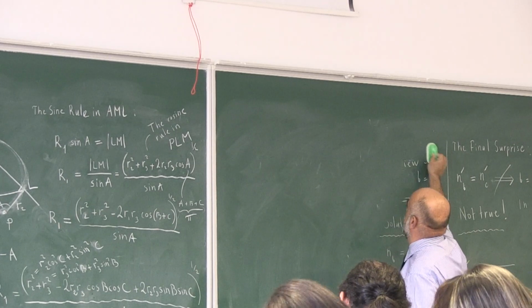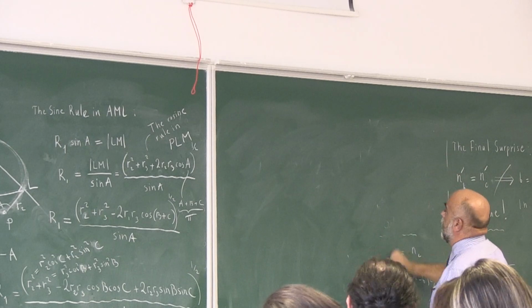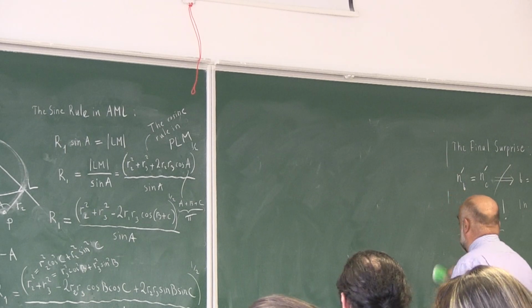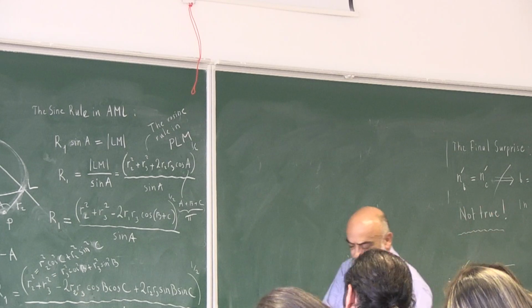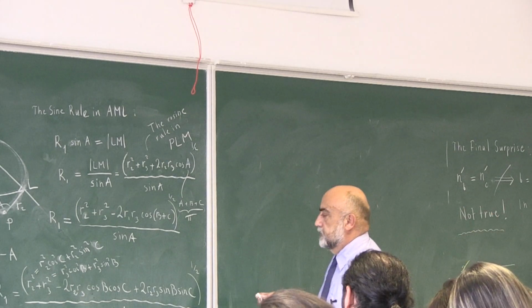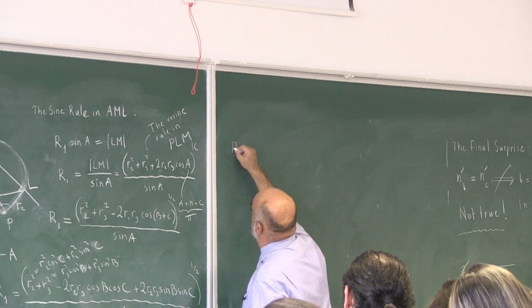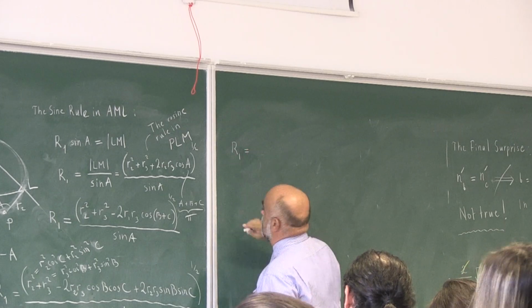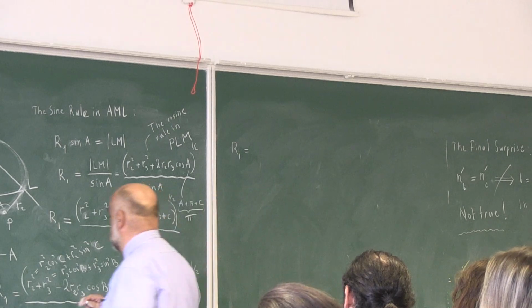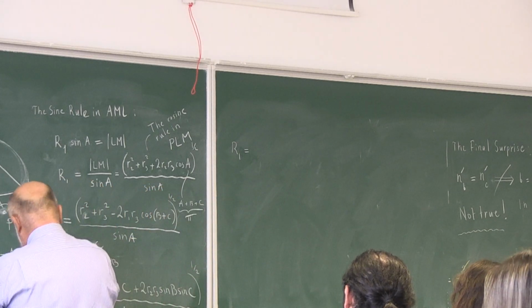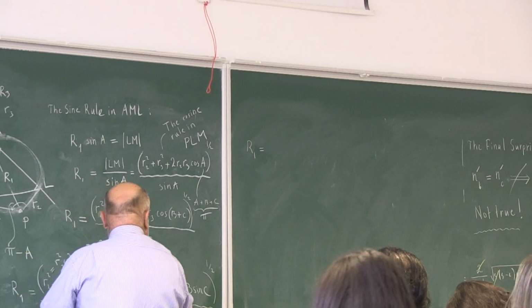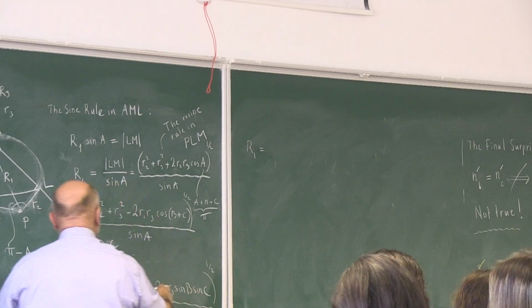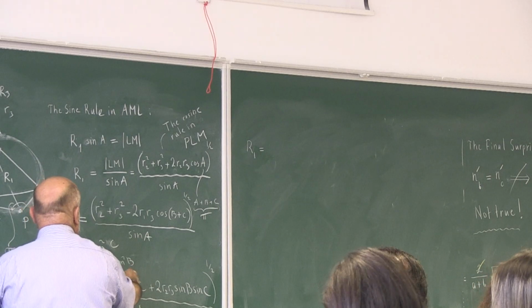People find manipulations despicable. Well, I don't. You know, they can be very clever. Look at this now. So I can now write R1 is equal to, well, I've got R2 sine C squared, R2 R3 sine B sine C, and I've got R3 sine B squared.